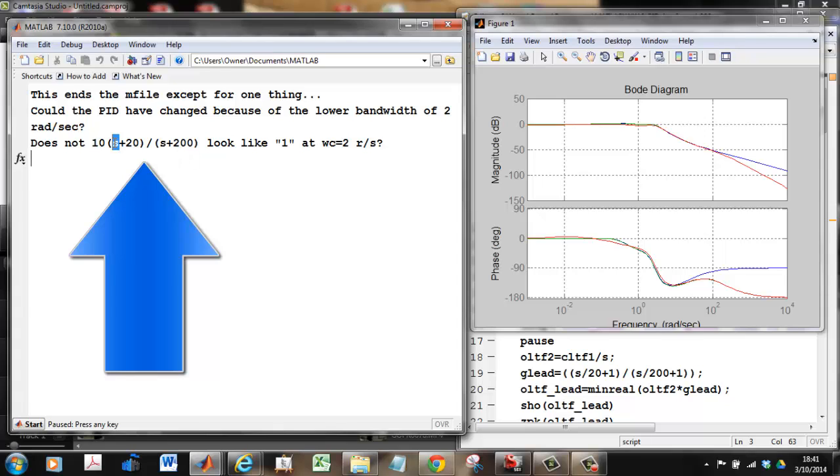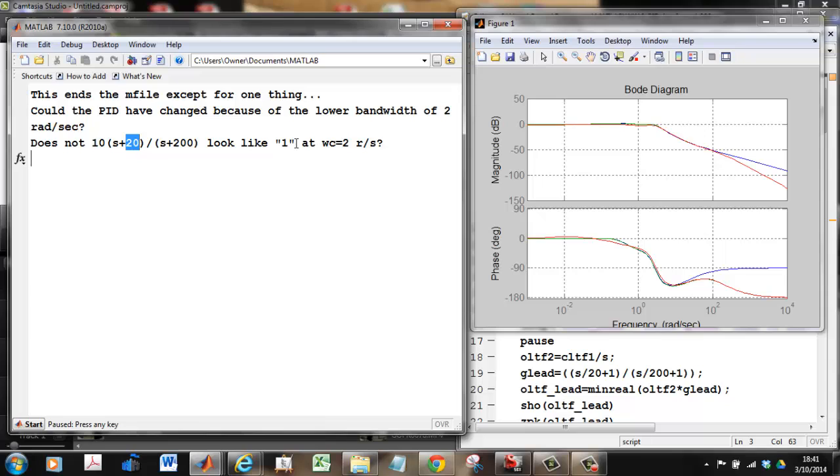But so would the numerator. So the 20 is going to dominate the numerator at a bandwidth of 2 as well. So if 2 is my new crossover, it looks like I've got 10 times 20 over 200. So it looks like the entire lead compensator is going to look like 1 at crossover.